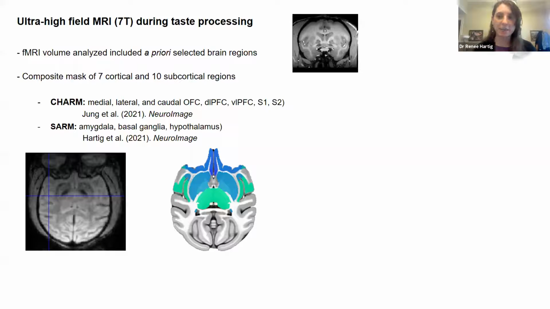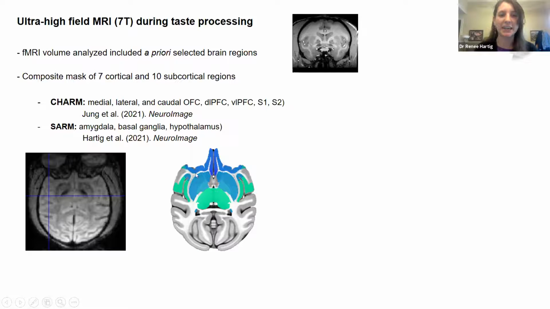And what we had done here was we did a functional imaging sequence to look at changes in the underlying neural activity over time. And the areas that we were interested in included those that we knew were responsible for processing taste. And what we could do is use atlases that were parcellated and defined on model or template brain images for this model organism.